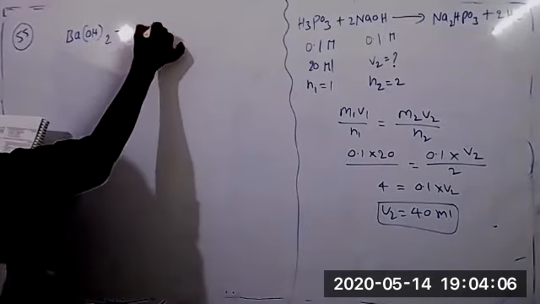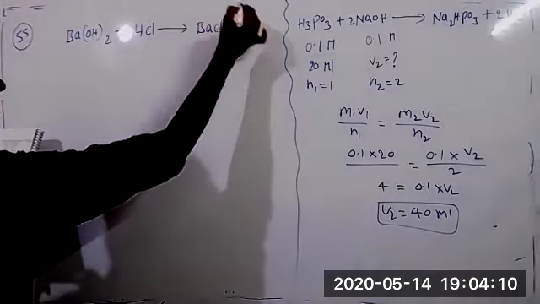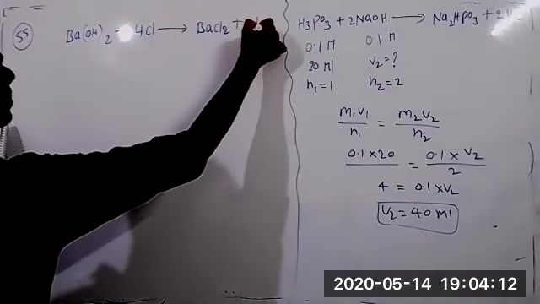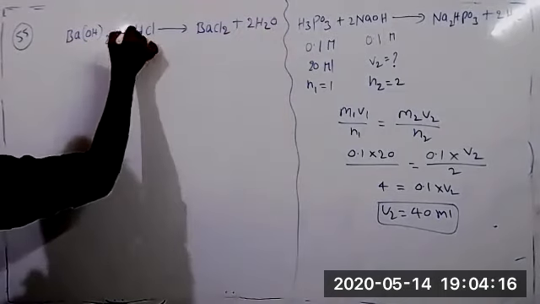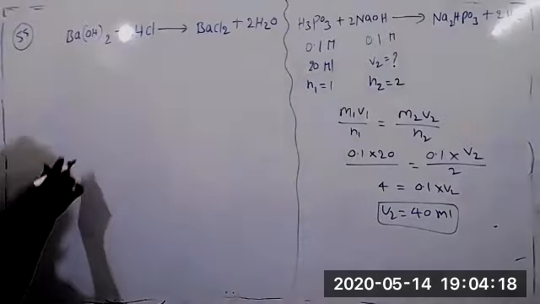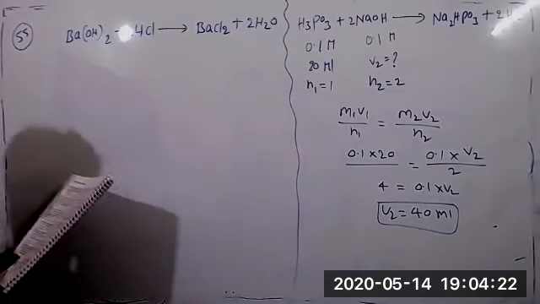Titration with HCl gives barium chloride plus 2H2O. I have to take 2 moles of HCl. These are balanced equations. Now write the given data.